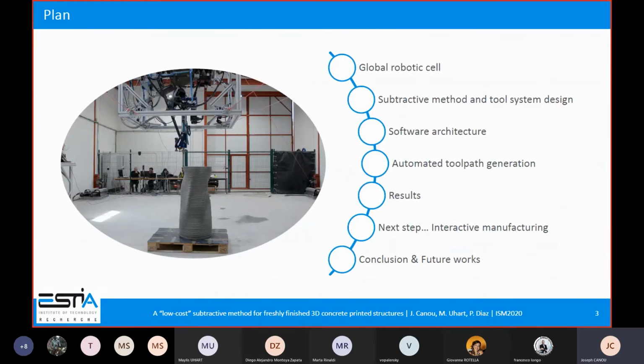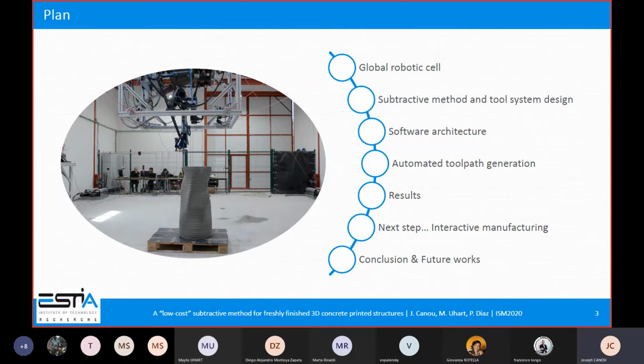In this presentation, I will first present the global robotic cell to explain what we wanted to do in this project. Then I will try to describe the subtractive methods and the tool system design we implemented. Also software architecture to control the tool system, but also to generate path planning, some results we get.